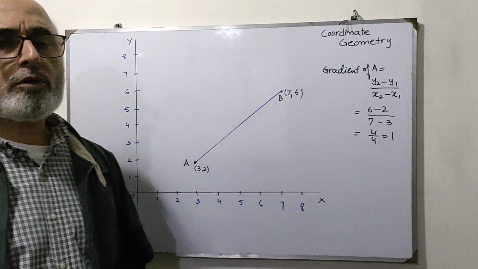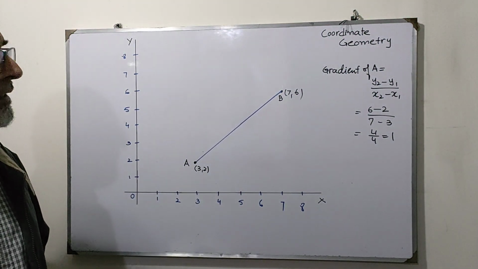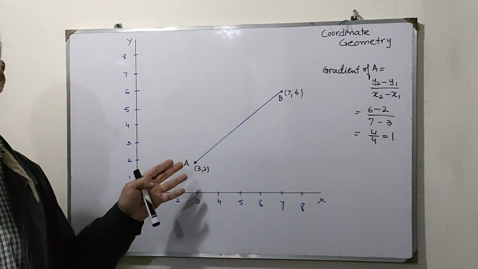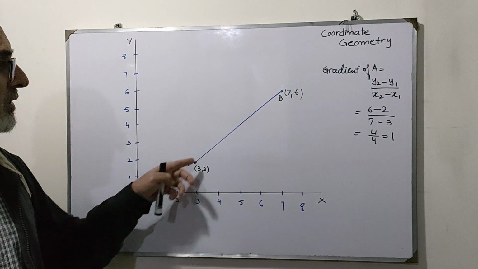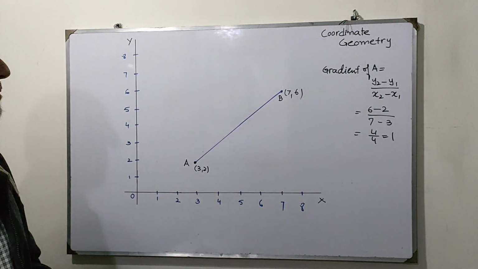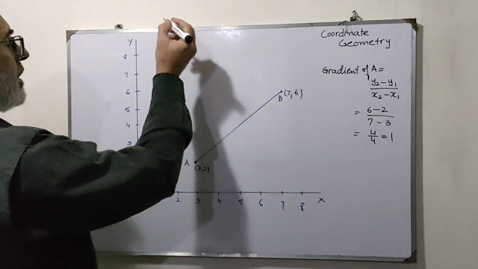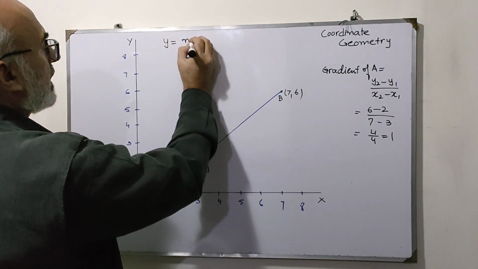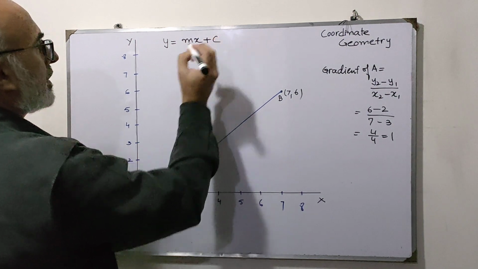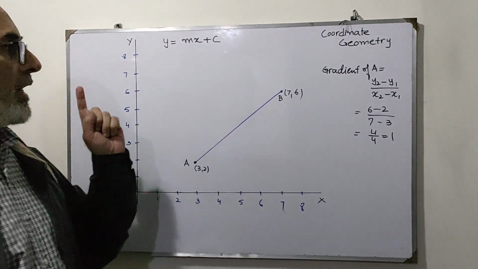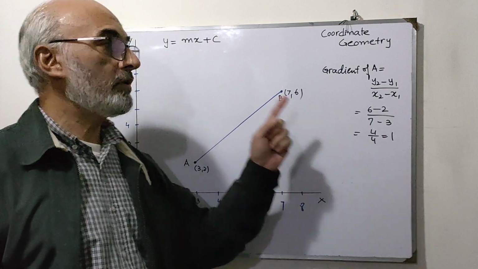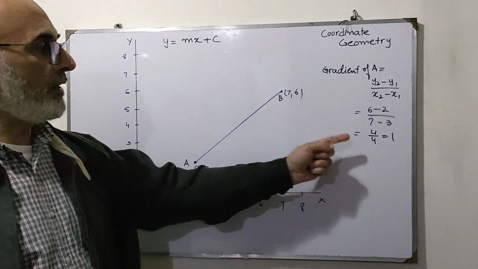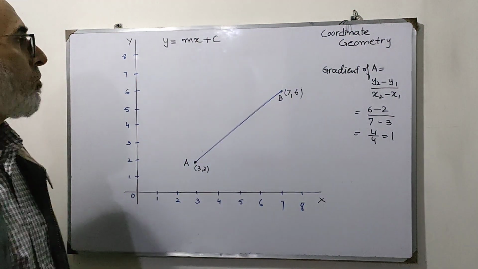Now let's find the equation for this line passing through these 2 points. We know that the general equation is y is equal to mx plus c. Since we have the gradient now, and this m represents the gradient, we have m.